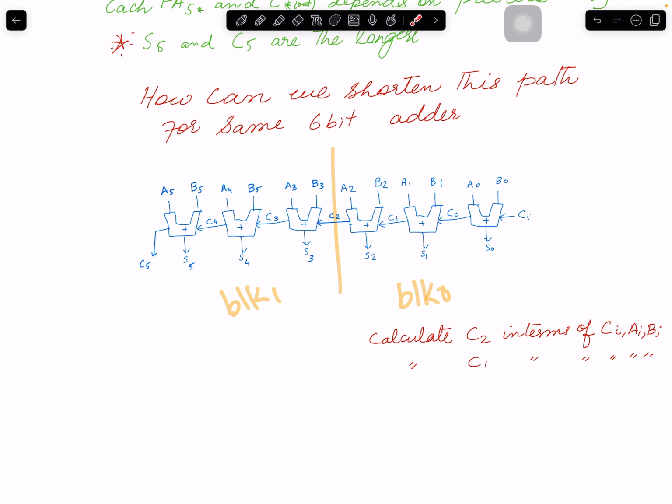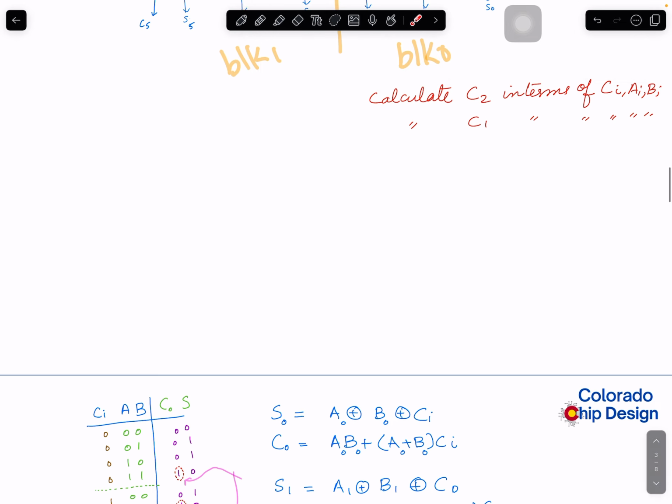In other words, instead of waiting for this chain action to happen, it can calculate it quickly once the input carry and inputs are available. That's really the key: how to calculate it quicker and faster.